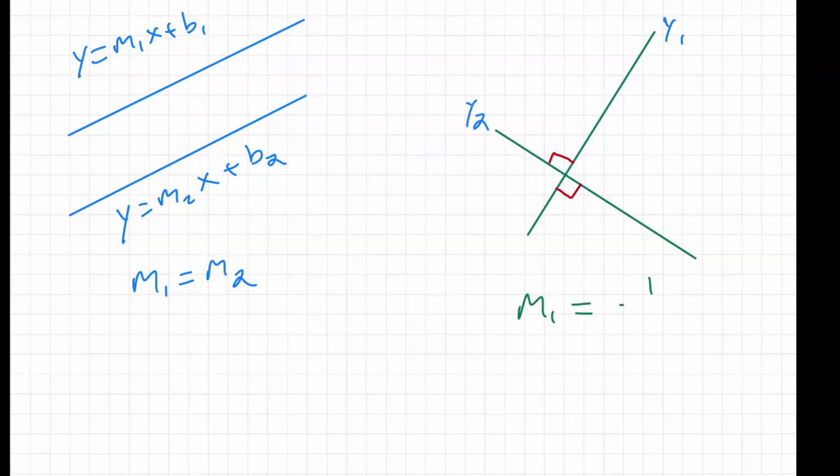It's an opposite reciprocal. So like I said, it was close to what you were saying, right? As far as the slopes are concerned, but it's the opposite and the reciprocal. So let's say that line 1 was, say, 3x plus minus 5. And we were trying to find line 2. Well, right away, we should say, hey, we know that the slope for line 2 is the opposite and the reciprocal.